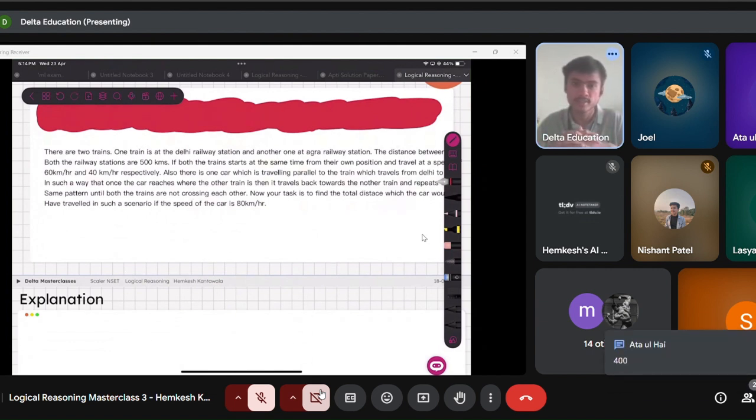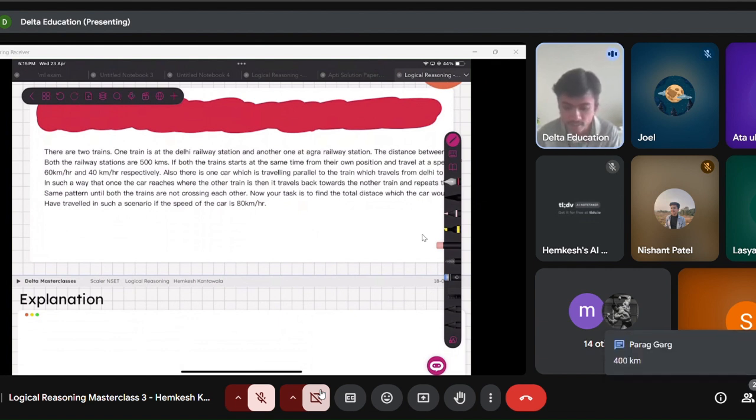400. Oh, okay. Fast. 400. So basically, this is the easy another. What do you mean by another? Acha, it would be another then. The distance between both the railway stations is this.